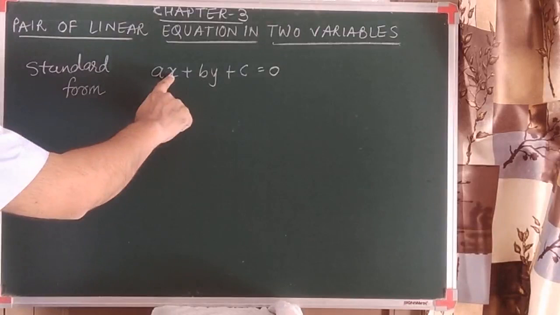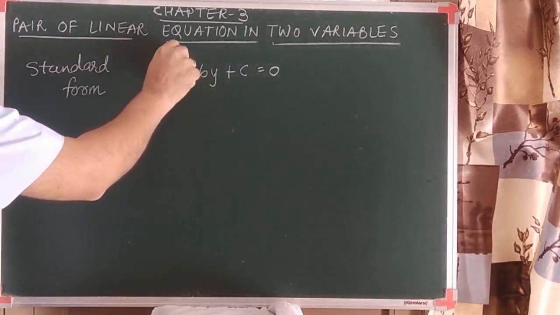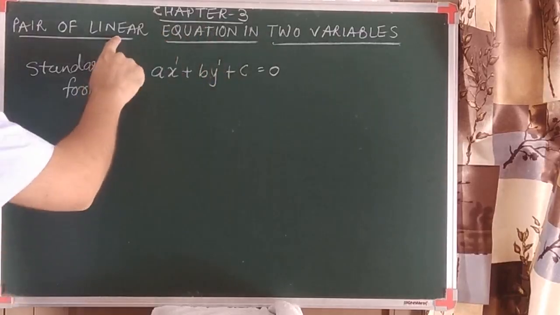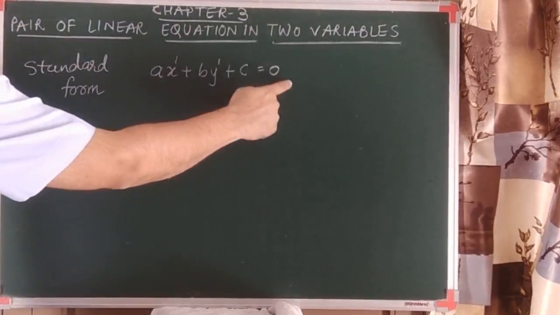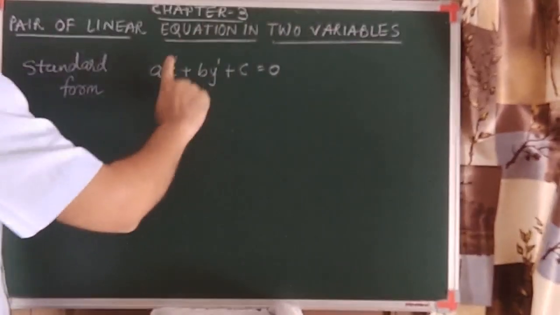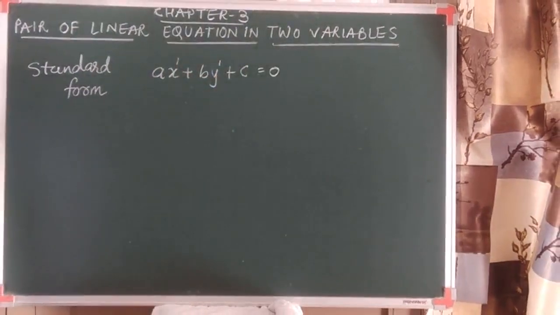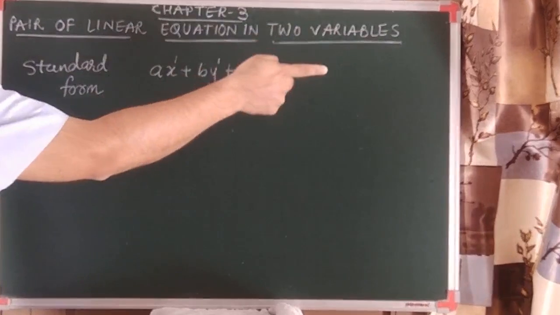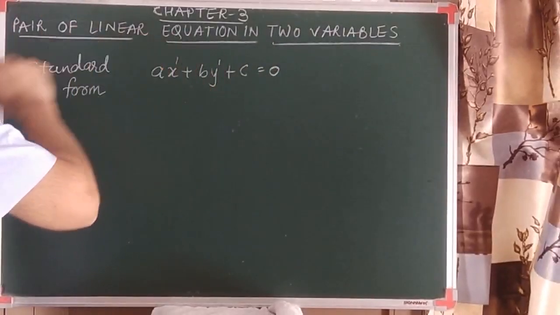Look here, there are two variables x and y, both have the power 1. So that is why it is linear. As it is an equation, because it has a left hand side as well as a right hand side. And you can see there are two variables x and y, where a, b and c are the constant terms. So it is a linear equation in two variables because it has two variables with the power 1. That is why it is linear.